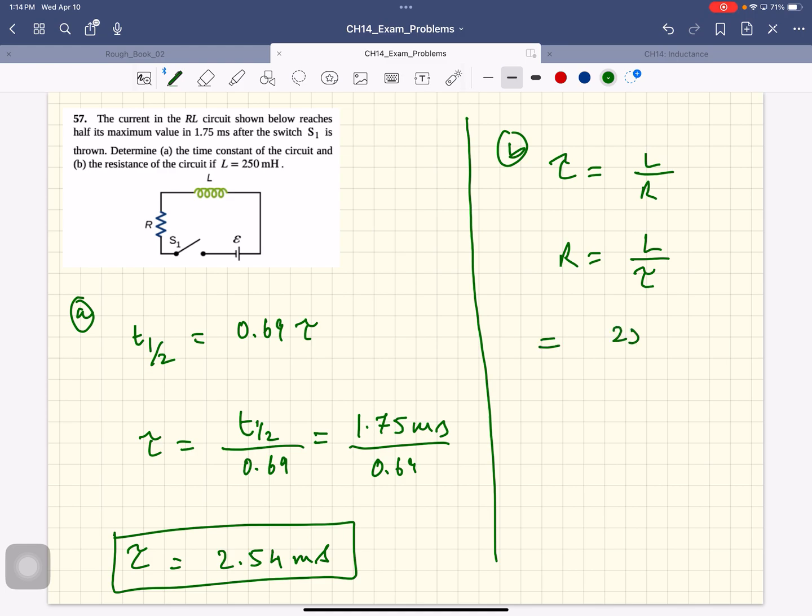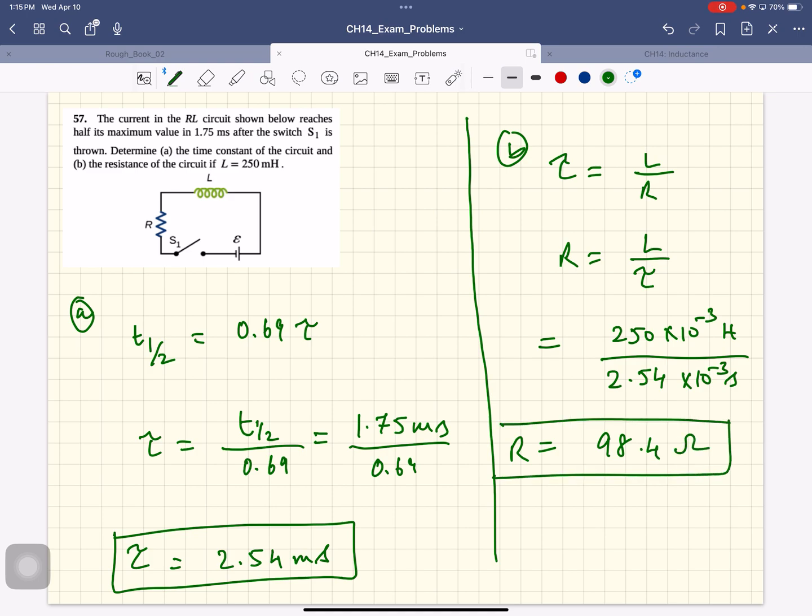L is 250 millihenry, and the time constant is 2.54 milliseconds. And henries over seconds is ohms. So this is a little less than 100 ohms. 98.4 ohms.